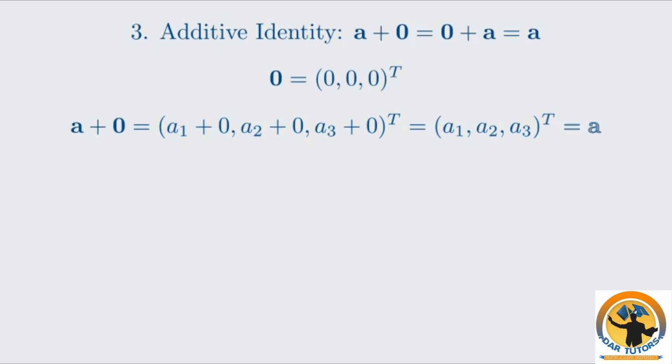This confirms the property. Closely related is the additive inverse property. For every vector a, there exists an additive inverse, negative a. When you add a vector to its inverse, the result is the 0 vector. So a plus negative a equals negative a plus a, which equals the 0 vector.